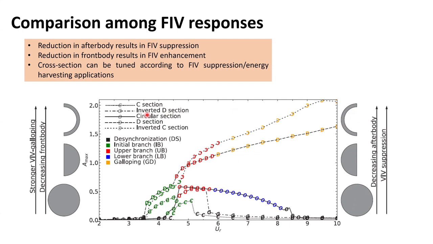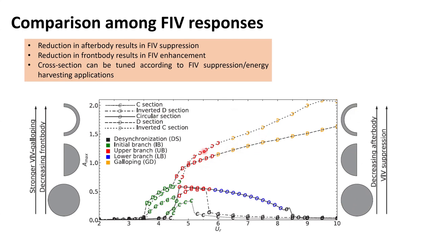Now, inverted D and D and inverted C were the most interesting, because they exhibit very rich physics of FIV and different regimes. Here, for a little simplicity, we have chosen to show just the upper branch and then the galloping branch, although we have a certain characterization as I discussed.